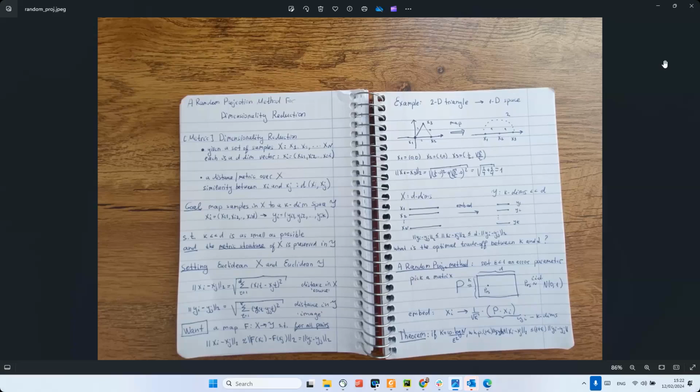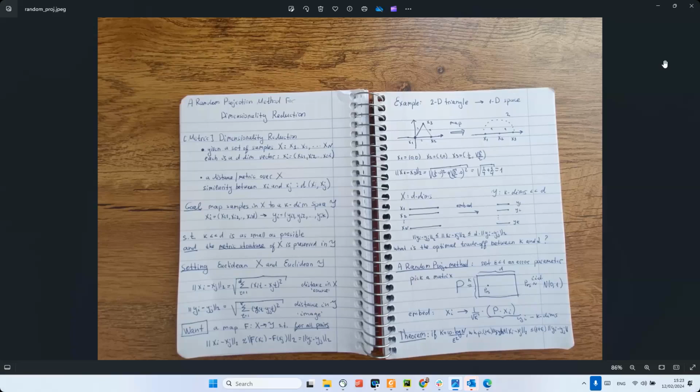But someone else can tell me, no, it's not so good, because I had a triangle, I had some geometry and topology here, and now in a small number of dimensions I have nothing. I have 3 points that have nothing to do with triangles. It didn't preserve any property of triangles, maybe. So it depends on what you want to preserve. If you want just to preserve the pairwise distances, this is a very good dimensionality reduction.